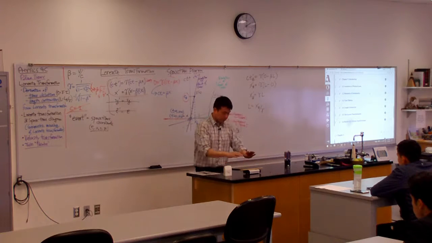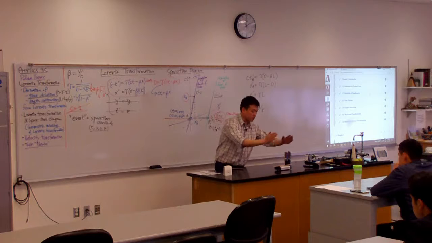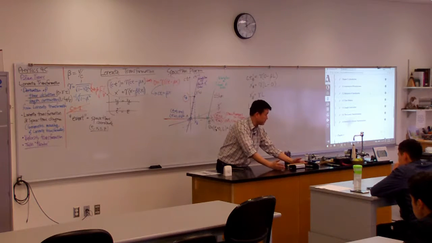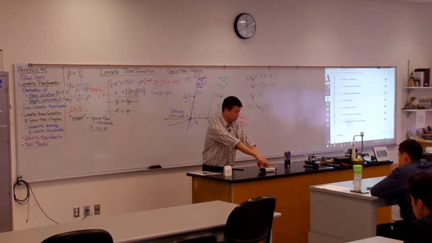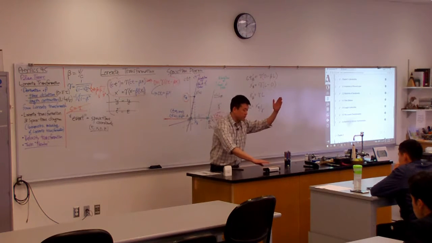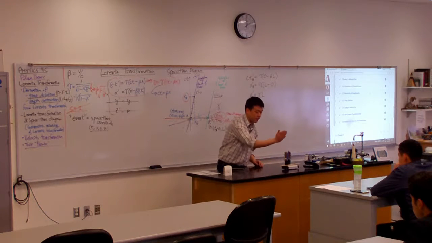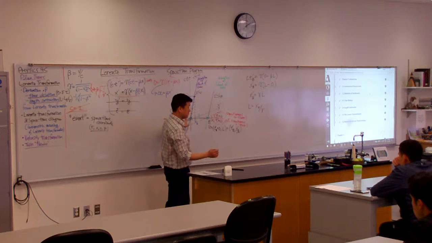This ruler, as it's passing by, you measure both ends simultaneously in your reference frame, right? In the other guy's reference frame who's riding with the cart, this is what it looks like. It looks like you measure the front first and then you measure the back, because B happens before A does.